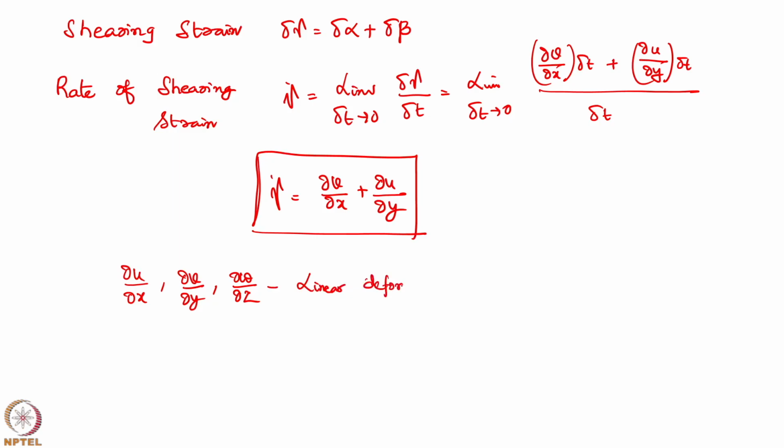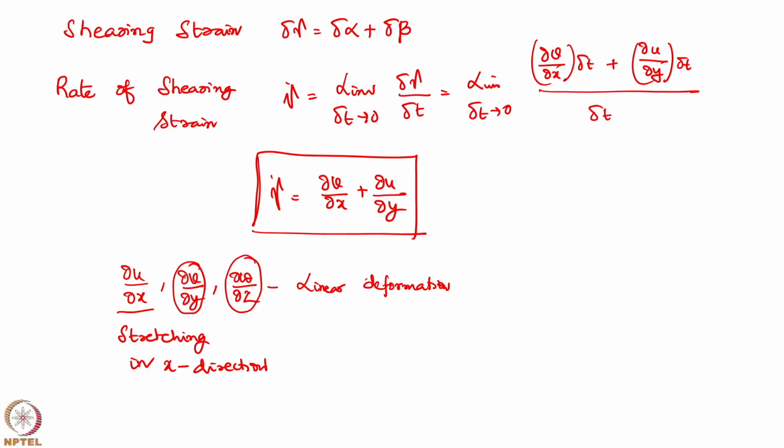That means del u by del x causes stretching in the x direction, del v by del y stretching in the y direction, and del w by del z stretching in the z direction.